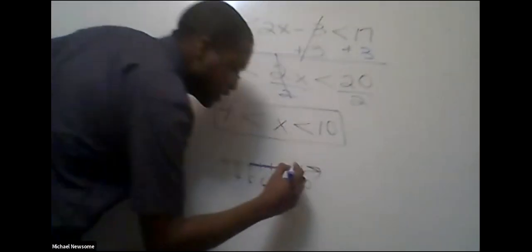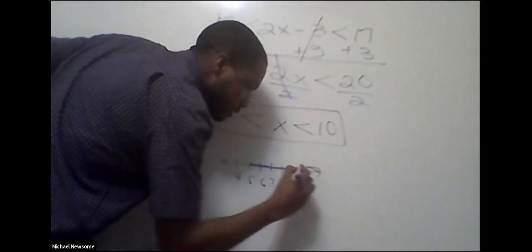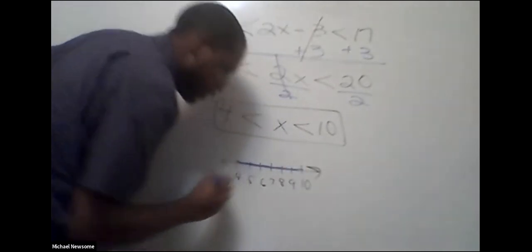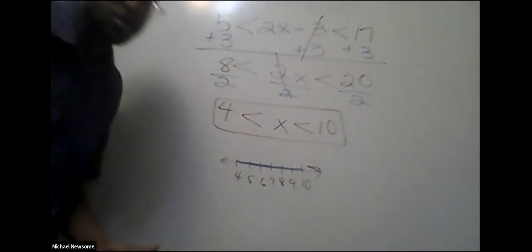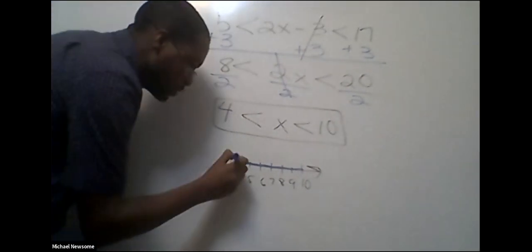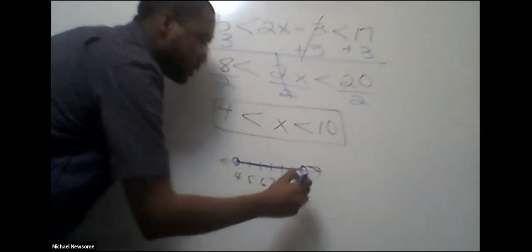But we need to shade all the way over here so we can get all those little numbers in between. There's these tiny little numbers in between that we need to go ahead and get. Now we need to pick some open circles or closed circles. So we know that open circles because these get open circles. All right, cool.